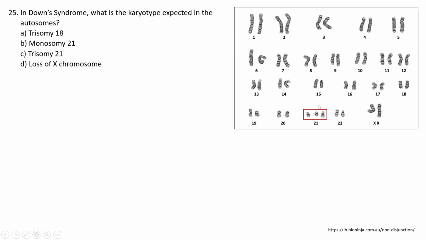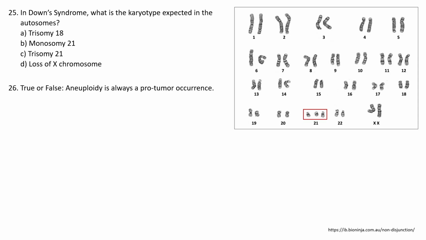This person has three of the chromosome 21, right? So there was a missegregation, and ultimately the fertilized egg had three of the chromosome 21 instead of two. So that's a trisomy. That means there are three of them. So the answer here is C. Okay. Cool. So next question.